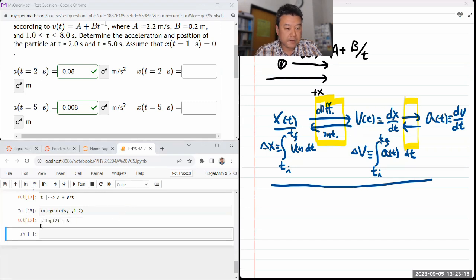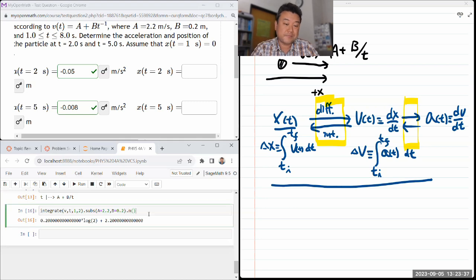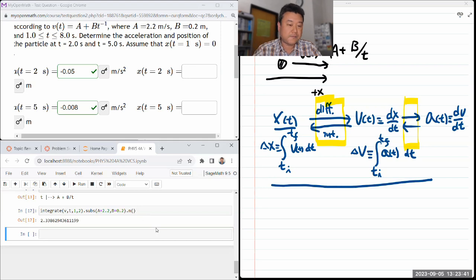Good. That's the analytical expression with the b and a kept as symbols, but I can substitute a as 2.2, b as 0.2. By the way, what I'm doing right now is super inefficient because I'm having to re-solve the integral every time, but it's not that complicated an expression, so I think that little bit of inefficiency is fine.